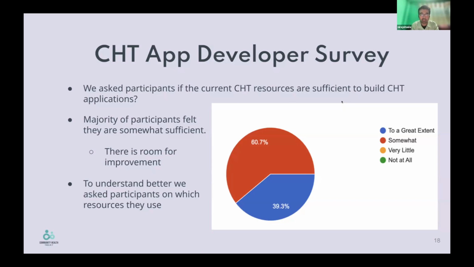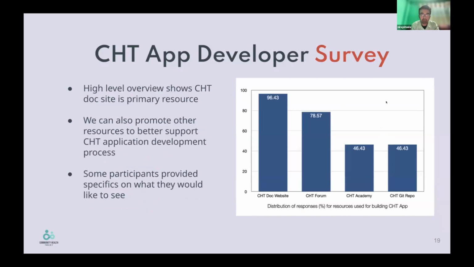To understand this better, we asked participants which resources they use, so that we can focus on how to enhance, develop, or improve those resources. As you can see on this bar chart, the primary resources that CHT application developers use are the CHT docs website, and they are also active on the CHT forum, where we can ask about technical issues or technical support, and different CHT community members or the Medic teammates can help with unblocking or resolving those issues.